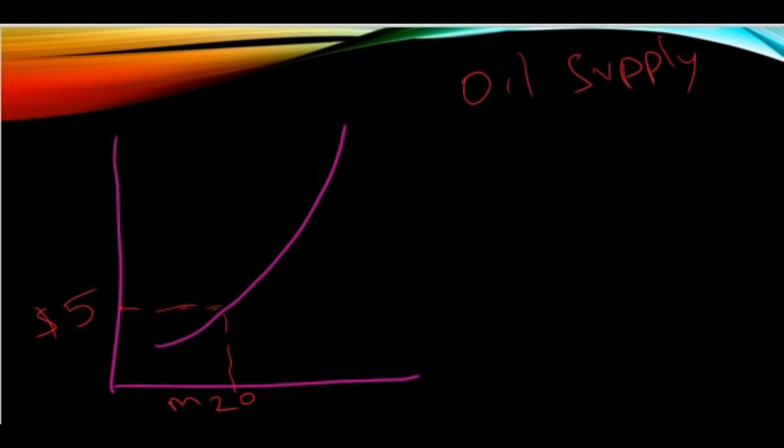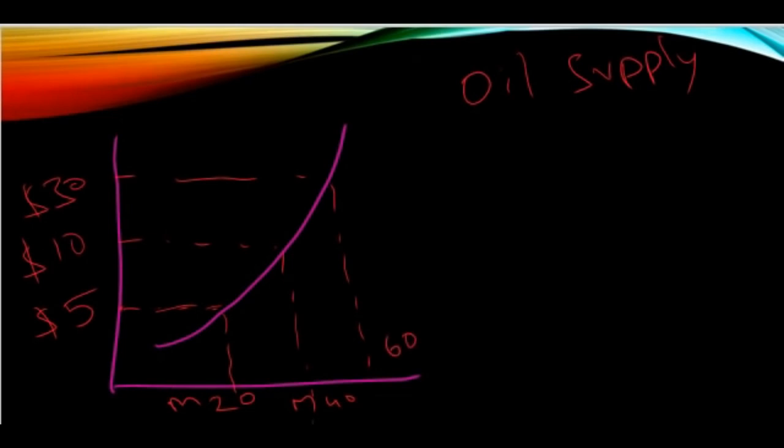Let's say if the price increases to $10, then the quantity supplied will also increase, let's say, to 40 million barrels. If the price goes even higher, let's say up to $30 per barrel, then the quantity supplied also increases to, let's say, around 60 million barrels per day.